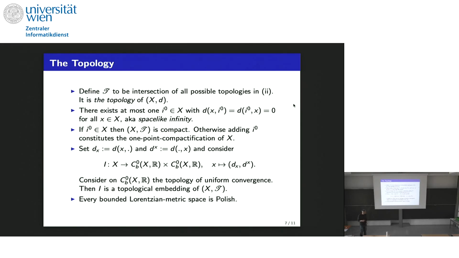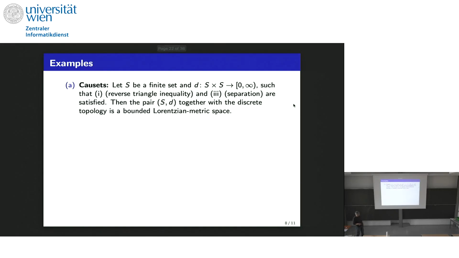Okay, but all this together shows you that these bounded Lorentzian metric spaces are actually Polish. They are separable, complete, and locally compact. That's for the topology. Examples. Of course, there are the causets that Sumati was talking about yesterday.